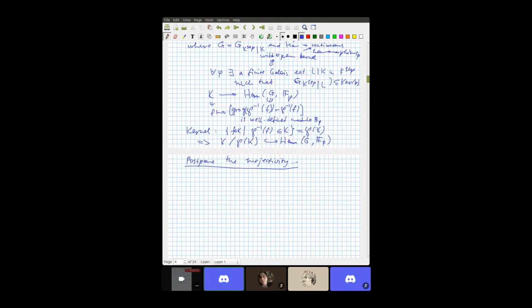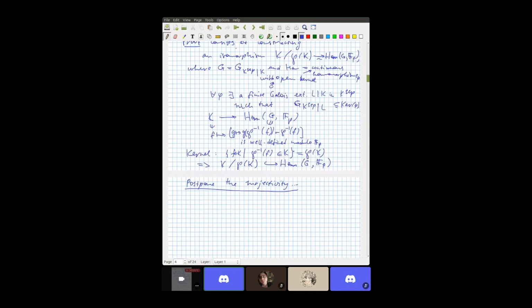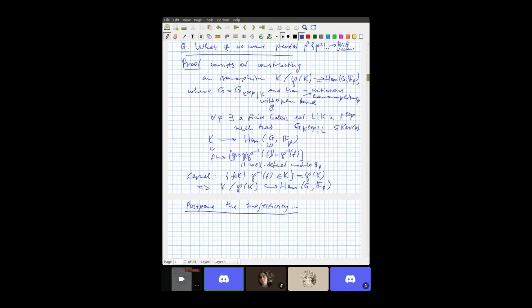You see that here we started to deal with the absolute Galois group, and you may ask what can you say about this big huge group?